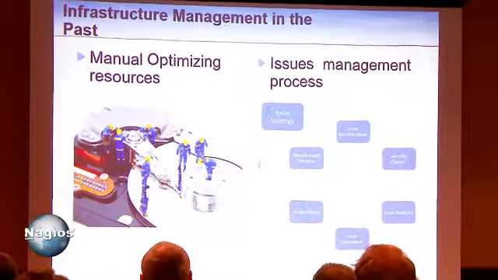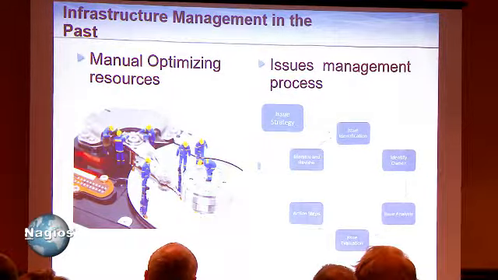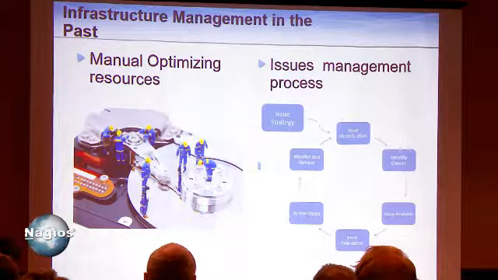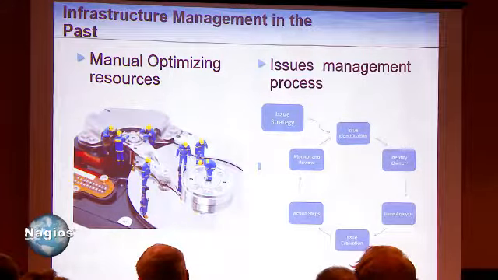How was infrastructure management in the past? It was manual optimization of the resources and issue management process. Now, in Latin America, there is no standard for monitoring infrastructure, and the optimization of resources is manual. Why? The system administrators have a checklist.